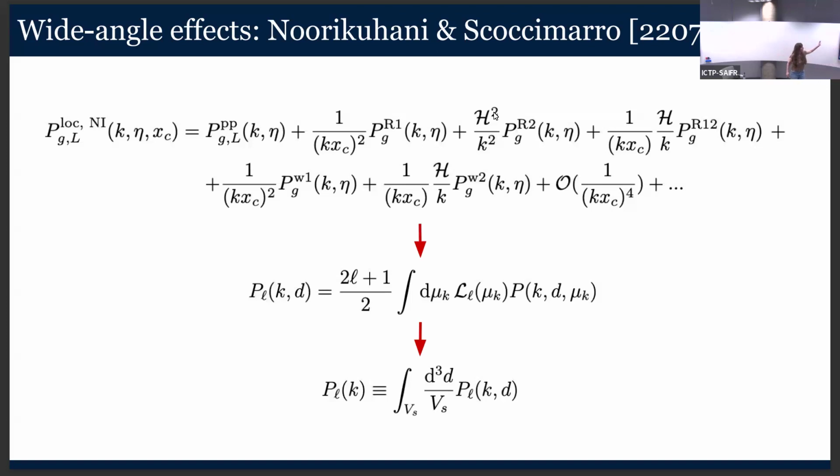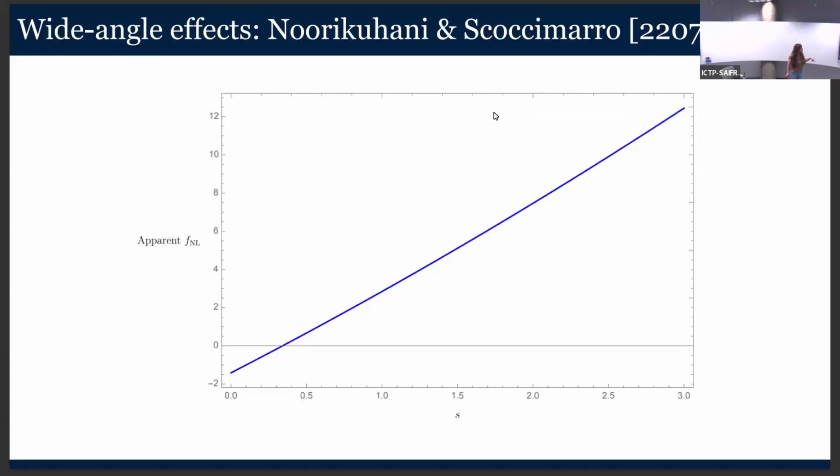So they do this full expansion for your power spectrum. And they show that if you include all these corrections, because in this theory you're not assuming the plane parallel approximation anymore, you're breaking the plane parallel, when you look at your power spectrum, you can have an apparent fNL in your power spectrum.